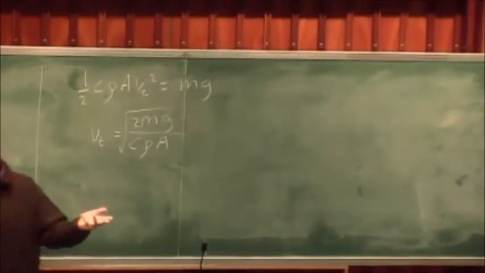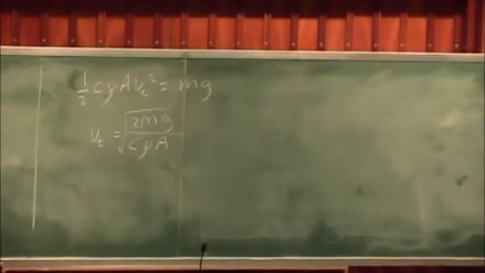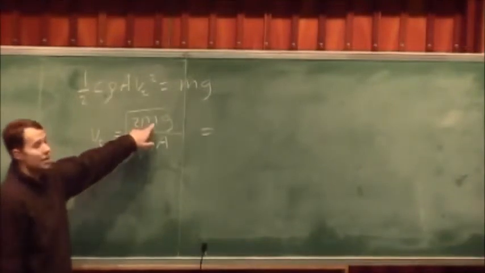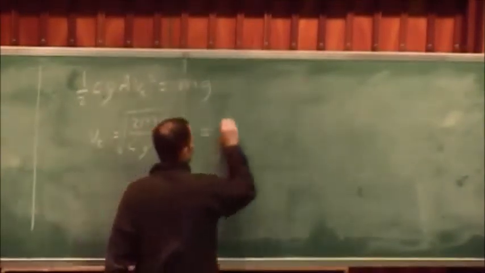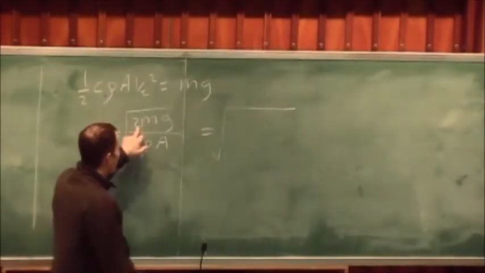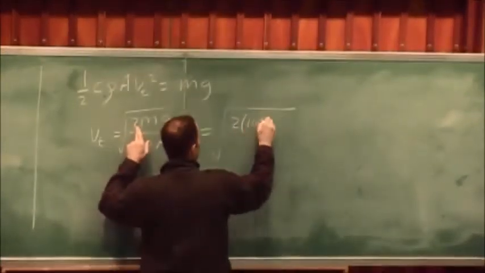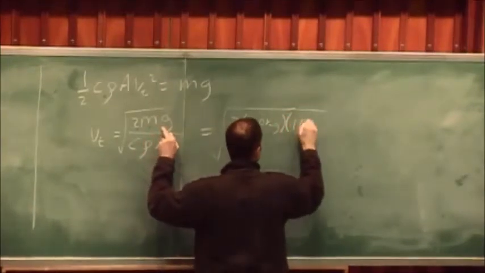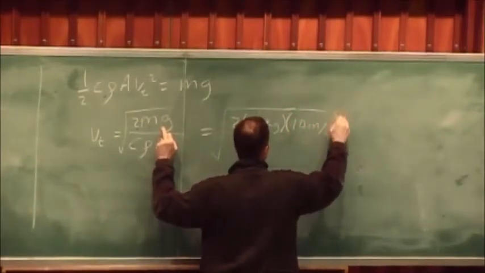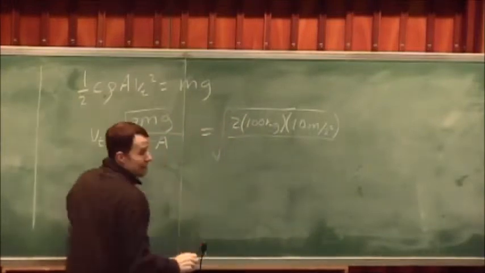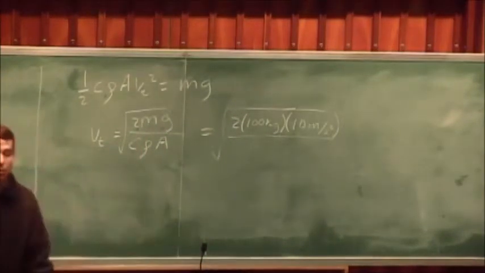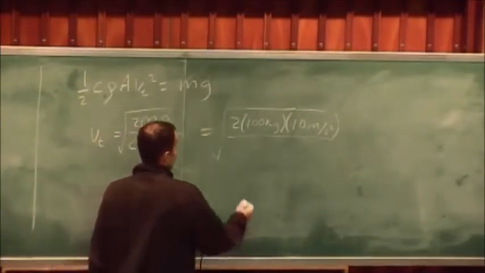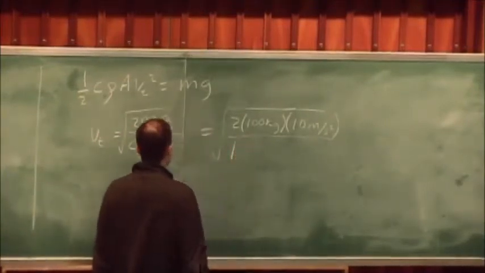Now let's just do some numbers. You're a skydiver. Suppose the person is 100 kilograms. So I have 2 times 100 kilograms times, I'm just going to say 10 meters per second squared, divided by C. And now we're just going to use a number between 0.5 and 1, so let's just assume it's 1 for simplicity.